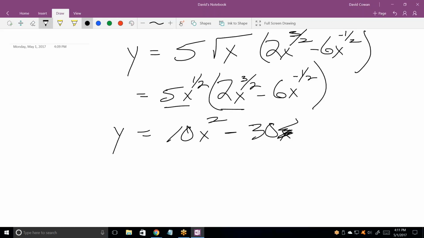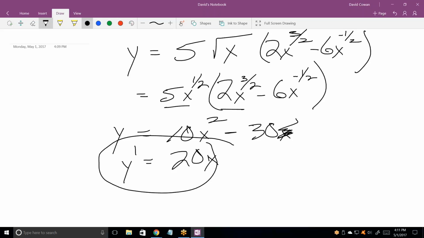Okay. So now y prime, I don't need to do much but differentiate both terms. What's the derivative of 10x squared? That would be 20x. What's the derivative of minus 30? 0. There's my answer. Awesome. So if you can multiply them together, do so, because you'll avoid having to use the product rule and also the chain rule.